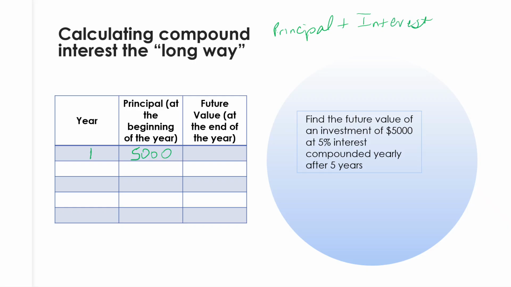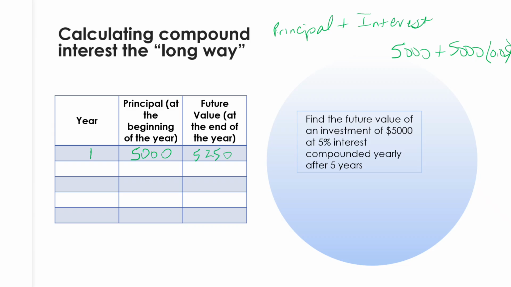So for the first year, it's going to be 5,000 plus 5,000 times 0.05. So at the end of the first year, the balance is $5,250.